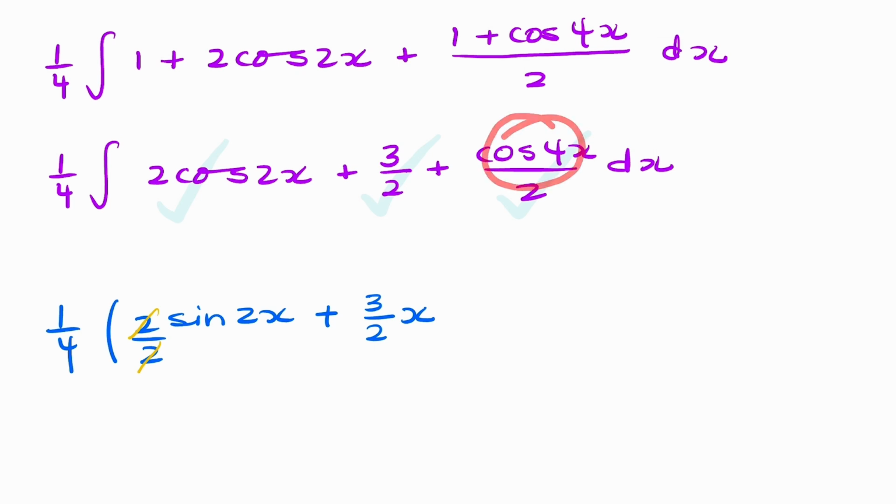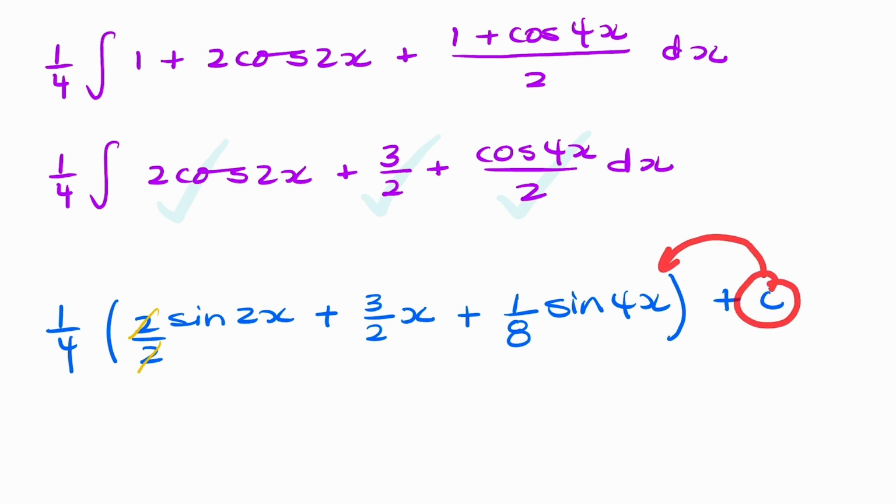The integral of cosine is sine, but then you divide by 4. And you already have a 2 in the denominator, so you end up dividing by 8. Close brackets. Plus c, and it doesn't matter if the c is inside the brackets or not.